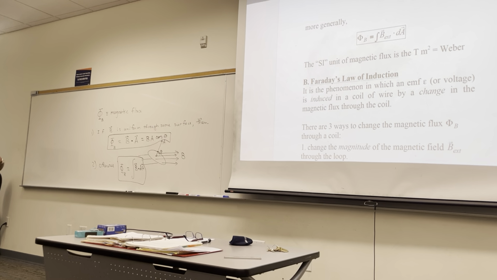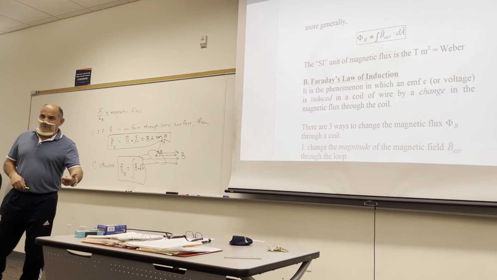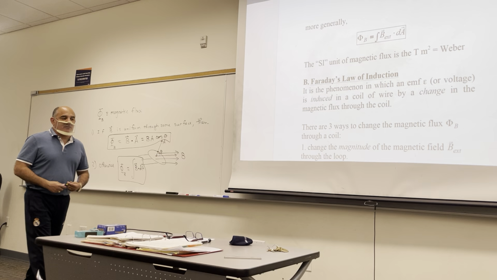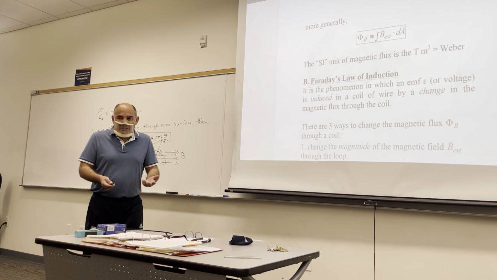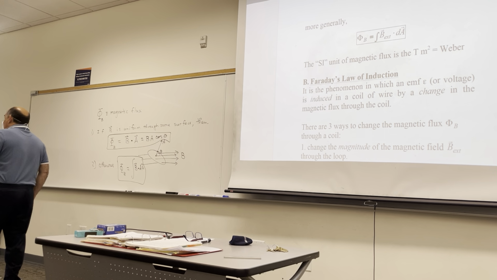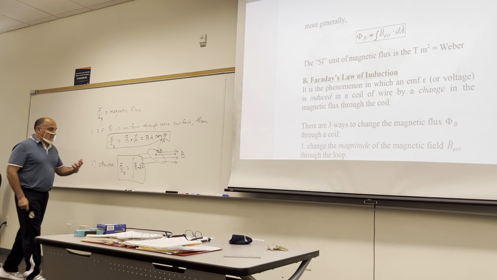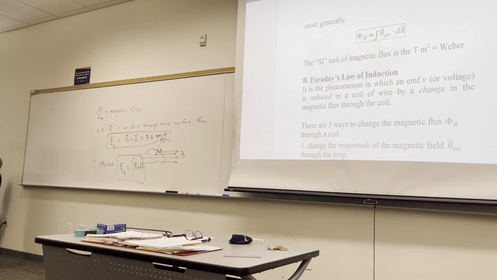So the voltage that shows up when this magnetic flux is changing is called the induced voltage. It's an induced voltage, induced by the change in the magnetic flux. And the resulting current is called the induced current. Now, that induced voltage is also called the induced EMF. If you want to quantify the current, you just use Ohm's law.